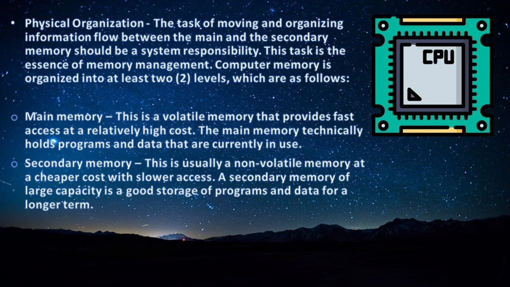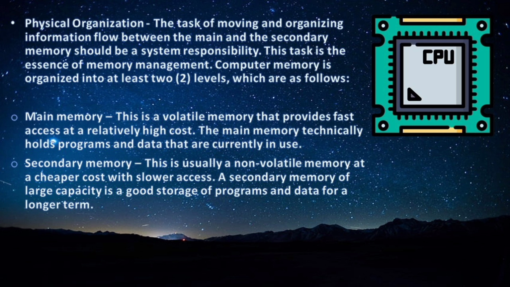Fifth bullet, physical organization. The task of moving and organizing information flow between the main and the secondary memory should be a system responsibility. This task is the essence of memory management. Computer memory is organized into at least 2 levels. First level, main memory. This is a volatile memory that provides fast access at a relatively high cost.